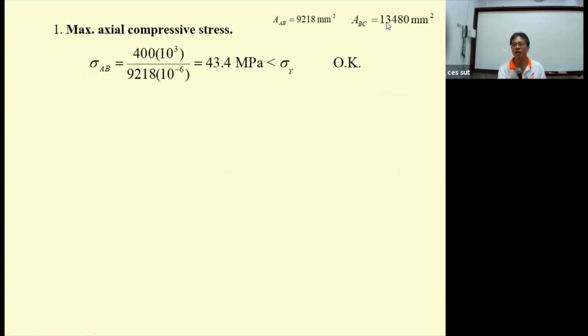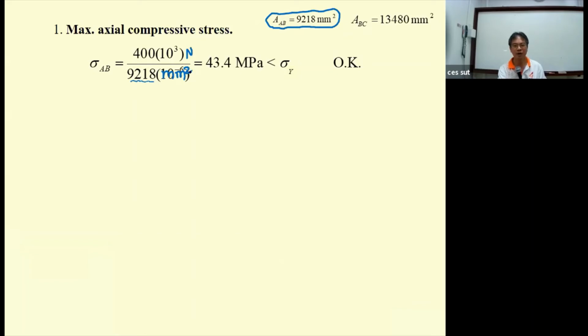And we already know the area. For sigma sub AB, we have the area of the column of 9,218. Actually, this is Newton, you don't need to put this. This is going to be square millimeter.